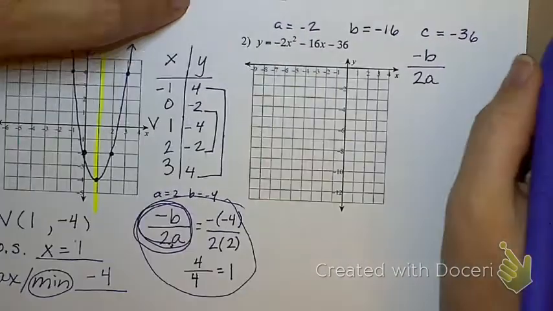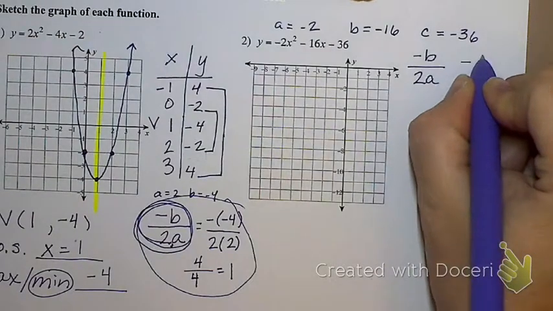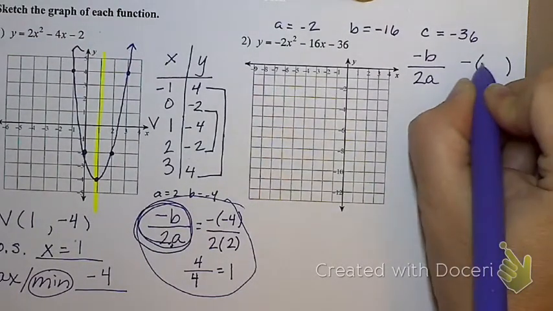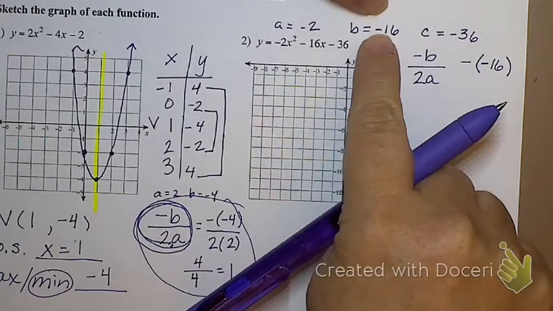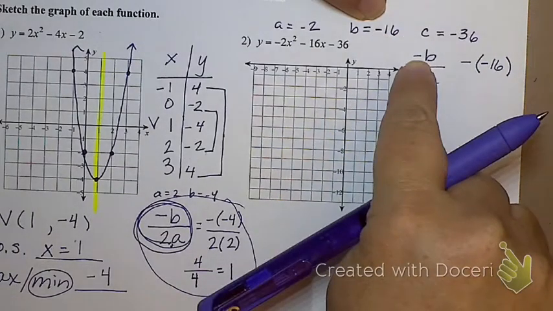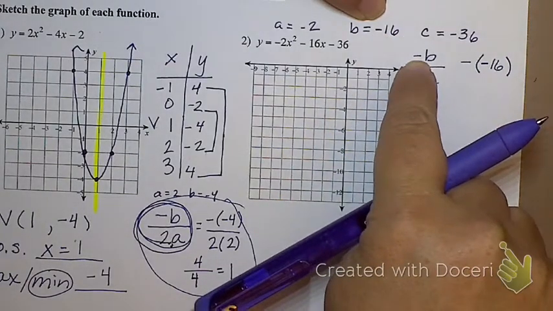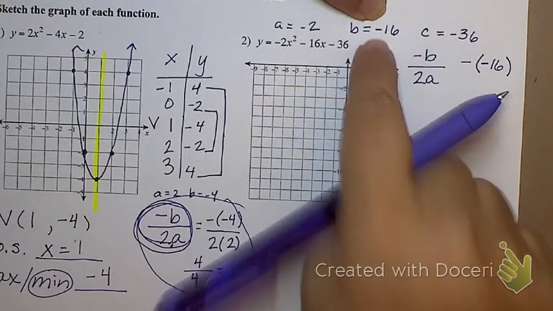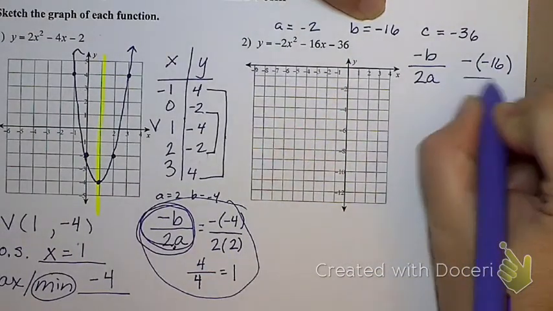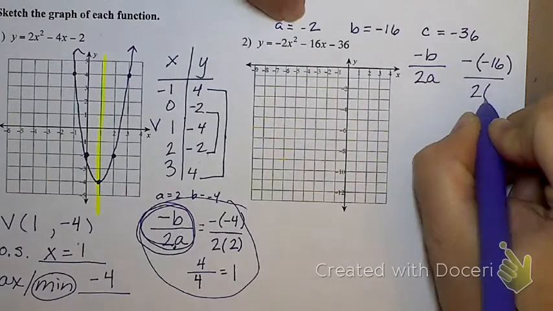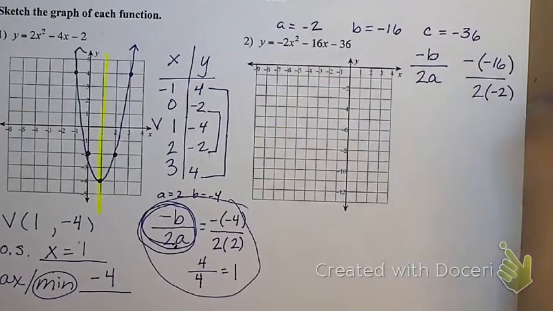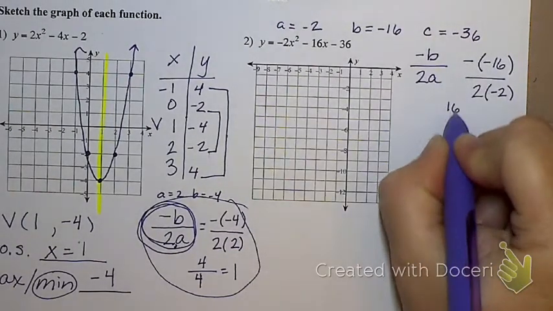Yes. So, negative b, and b is negative 16. So when b is negative, you're always going to have the negative from the formula, and the negative from the number, so it's going to end up turning positive, over 2 times a, and a is negative 2. So what have I got? Positive 16 over negative 4.